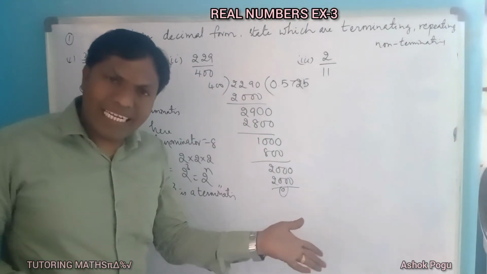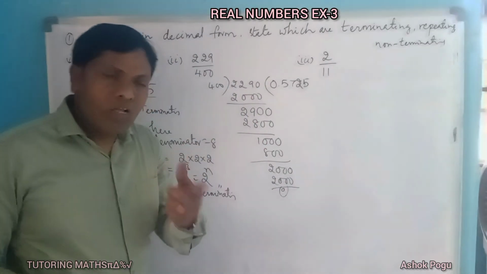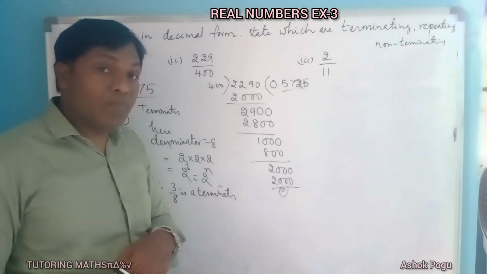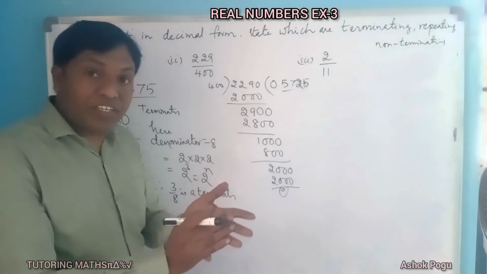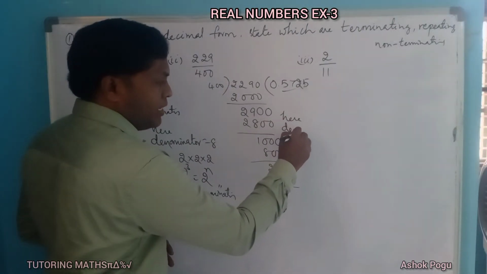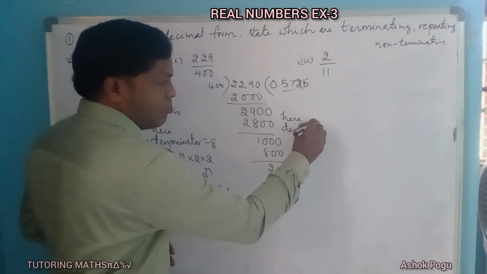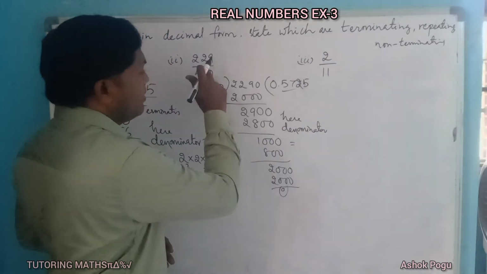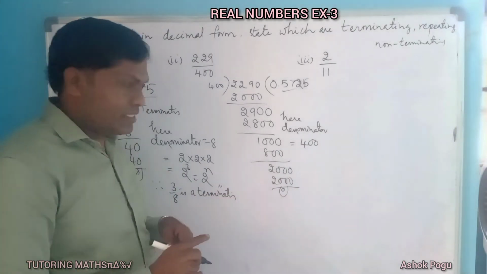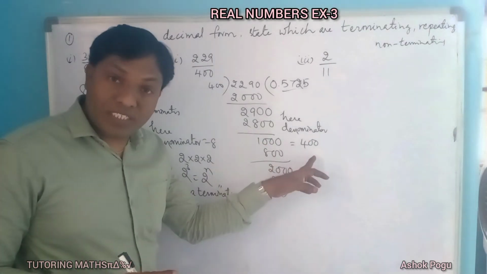When the division ends with remainder 0, then you can say that it is a terminating decimal. Now let us check by prime factorization. What is the denominator? The denominator is 400. Now find the prime factors of 400.